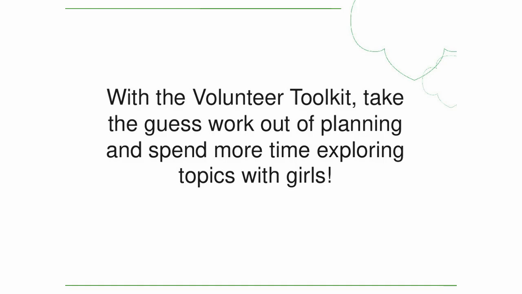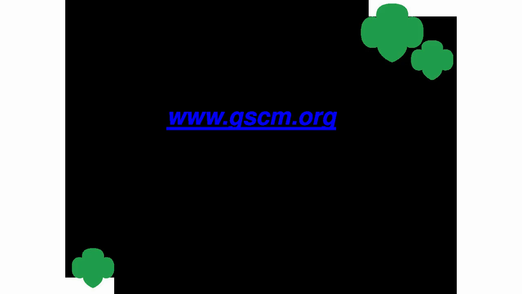In order to access your Volunteer Toolkit, you simply log on to www.gscm.org. And I'm going to share my screen because I'm going to pull up the site so you can see what it looks like to access the screen. Okay.